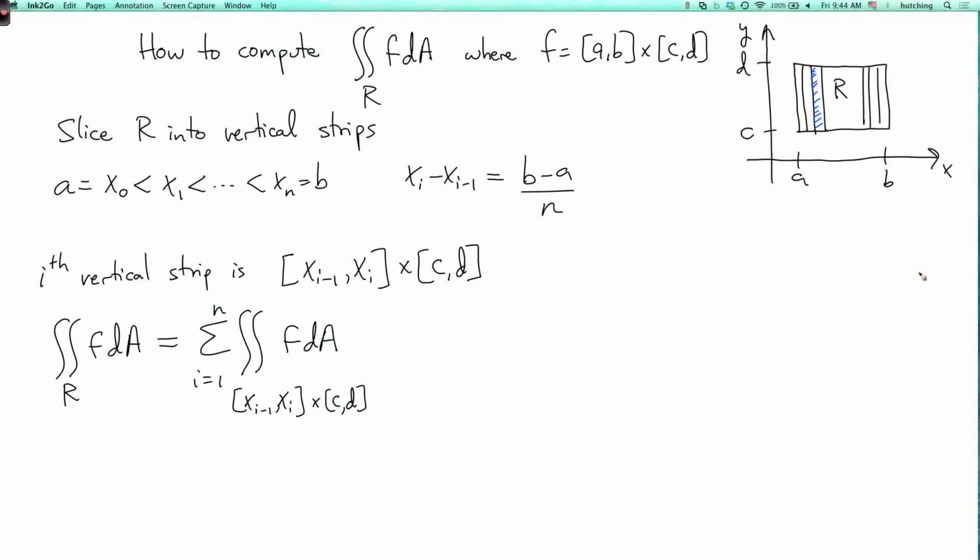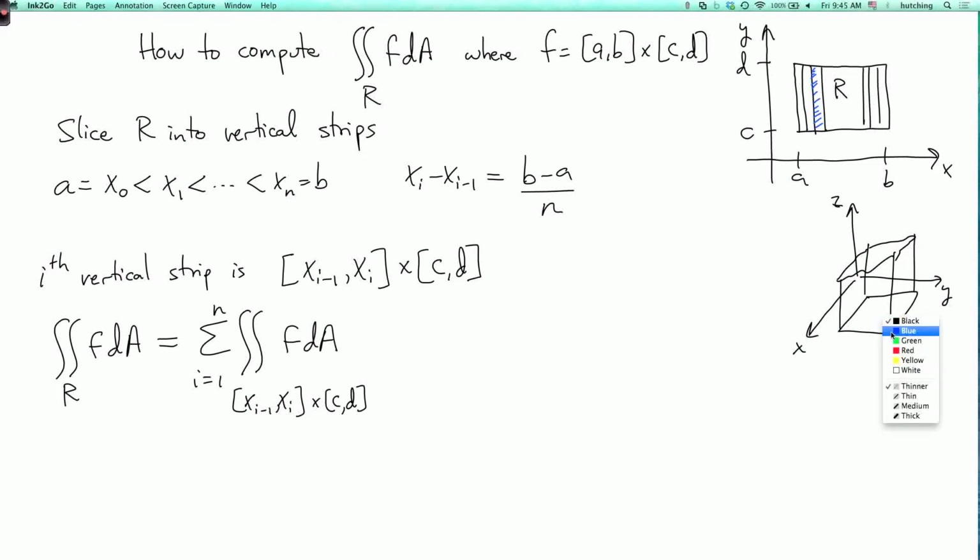If we think of the double integral as the volume under the graph, so here's our graph, whatever it might be, what we're doing is slicing this three-dimensional solid into a bunch of thin slices, where x varies only over a small interval.